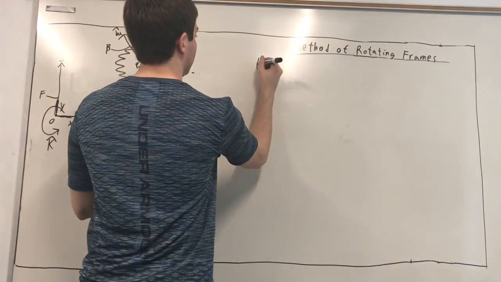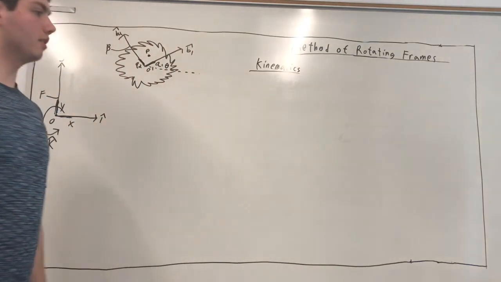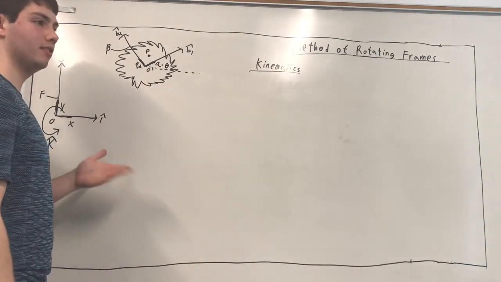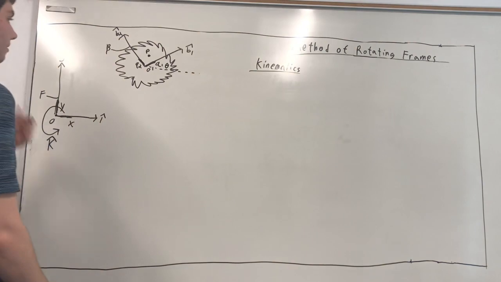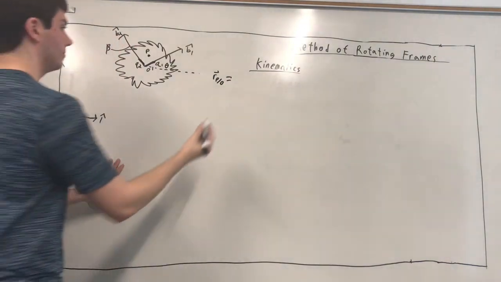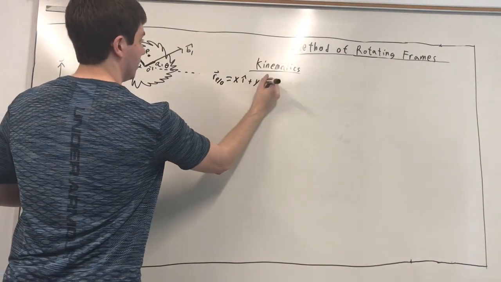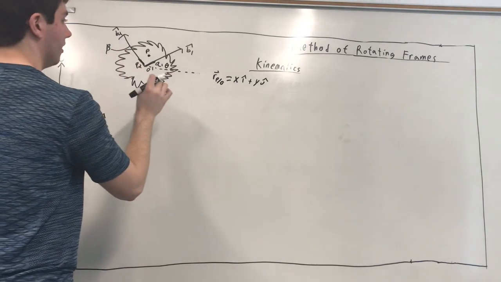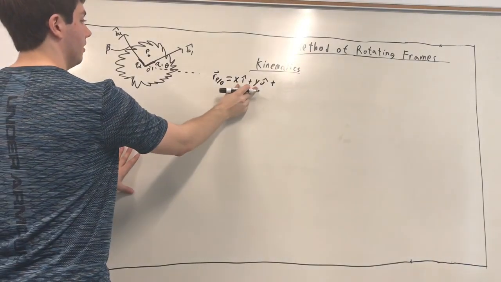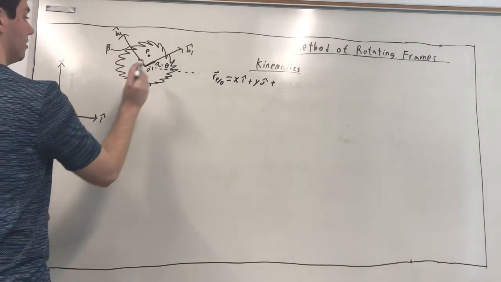Kinematics. All right. A good place to start is the R of P with respect to O. So R of P with respect to O equals X I hat plus Y J hat from this frame, plus, so these are the distances from O to O prime.